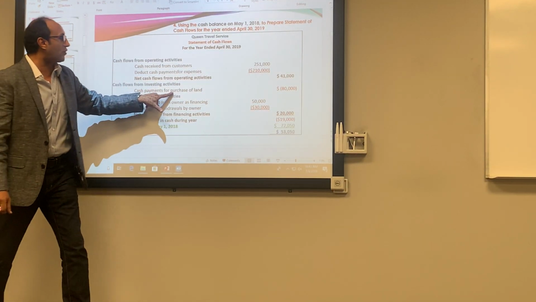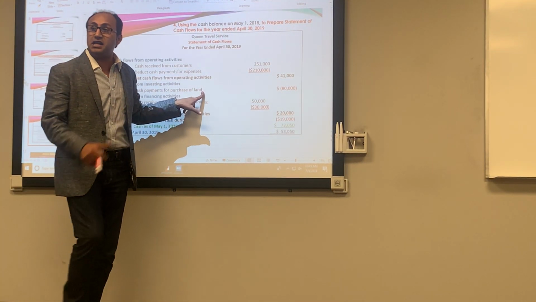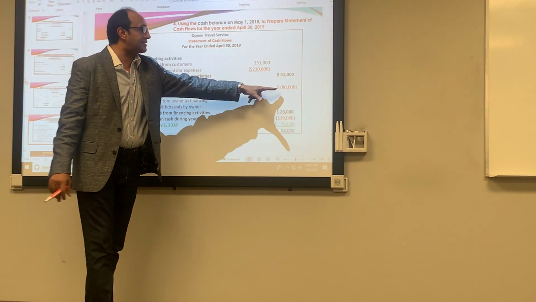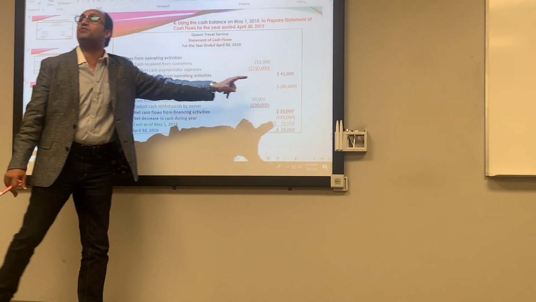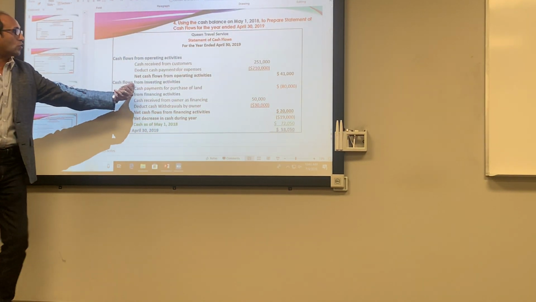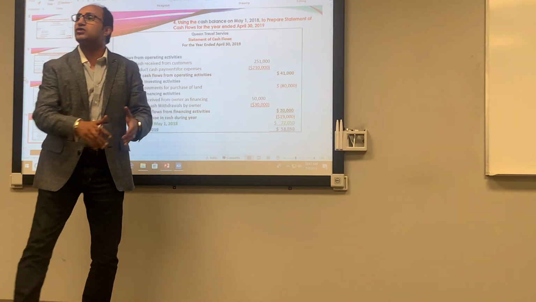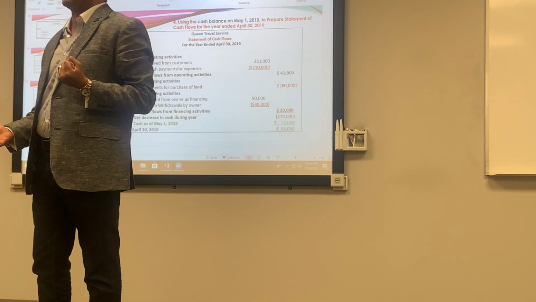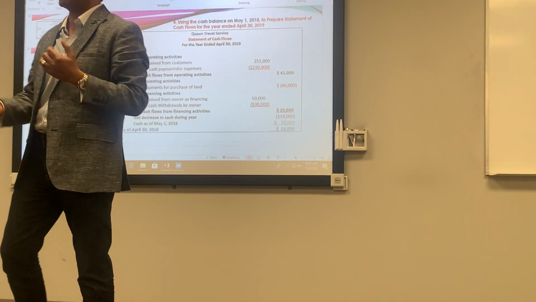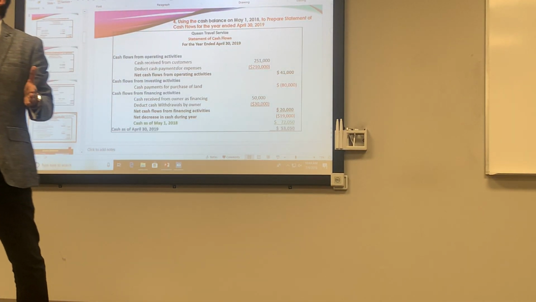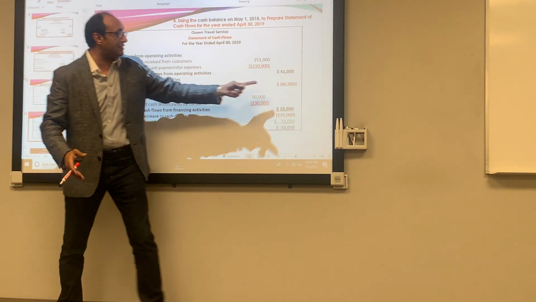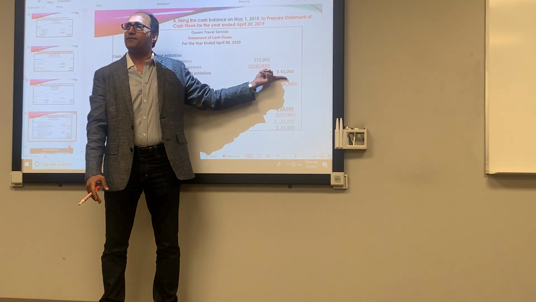So cash payments for purchased land. Here I invest in this land. How much do I invest? 80,000. You have to subtract this number because you spend the money to purchase this land, to take these assets. So here, money is going out of your business, and you have to subtract this number from this number.